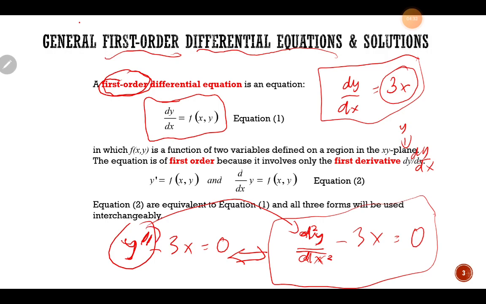Kenapa second order? Sebab double prime kat sini. Maknanya dia dua kali dibezakan. Ataupun you may proceed with triple, d cubed y over dx cubed, ataupun y triple prime like this. So maknanya kalau macam ni, it's going to be third order differential equation. Tapi nak bagi tahu, for your subject here, Engineering Maths 1, we just focus on first order differential equation sahaja. So setakat ni semua orang boleh faham apa maksud differential equation and apa maksudnya first order differential equation.